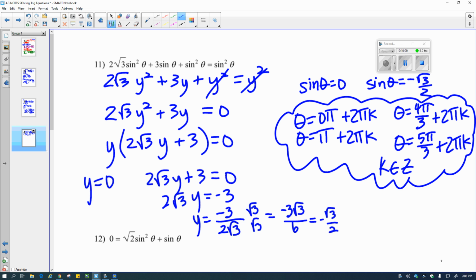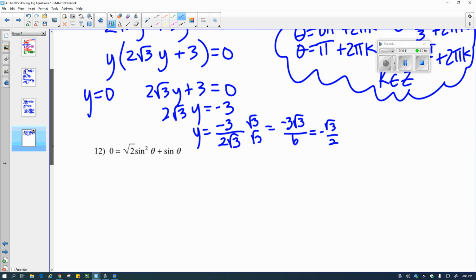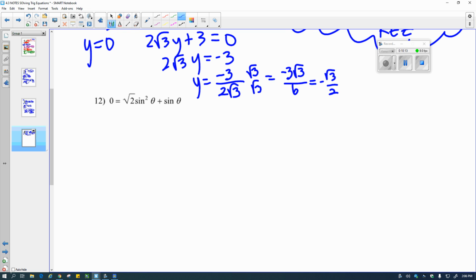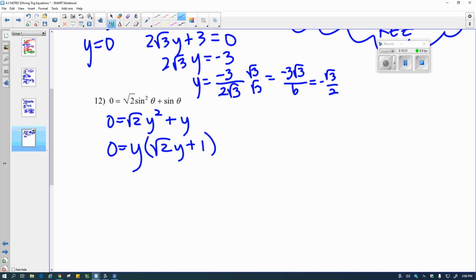I'm down to one last problem to work through, and that is 0 equals the square root of 2 times sine squared plus sine. I'll again replace that with y's, and it looks like I can factor a y out. And then I'll set both of those factors equal to 0.